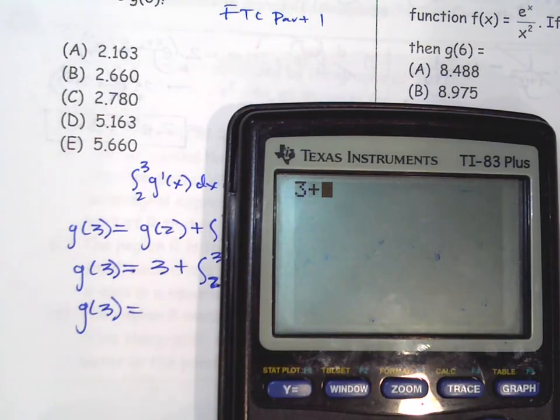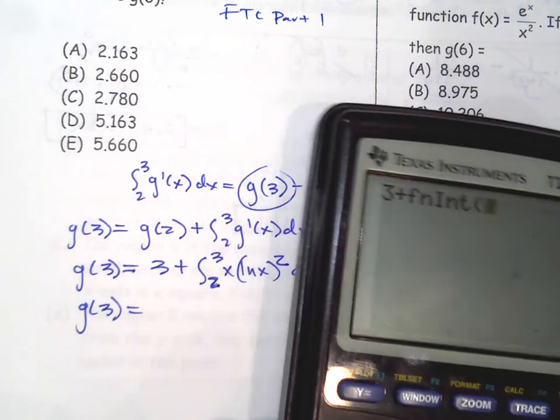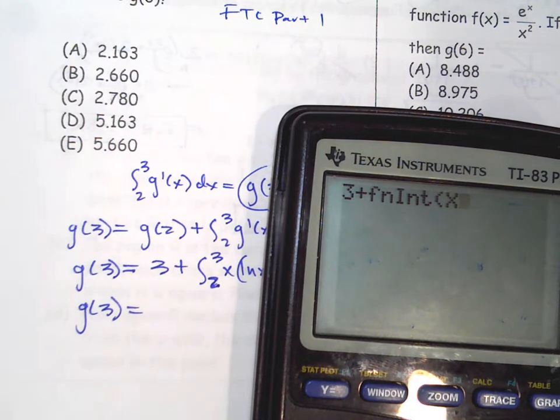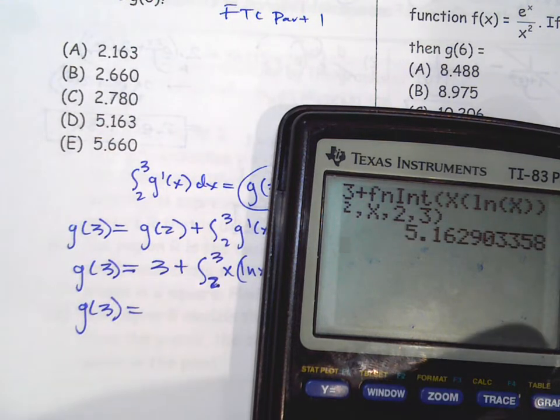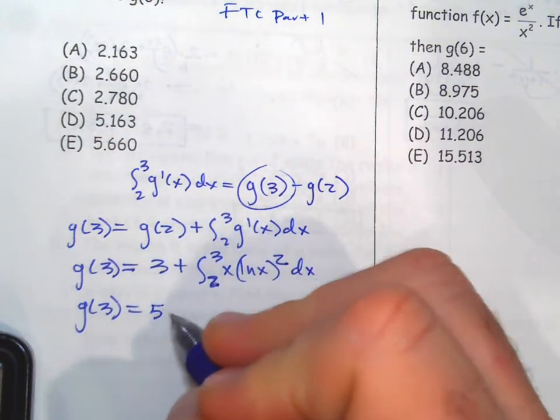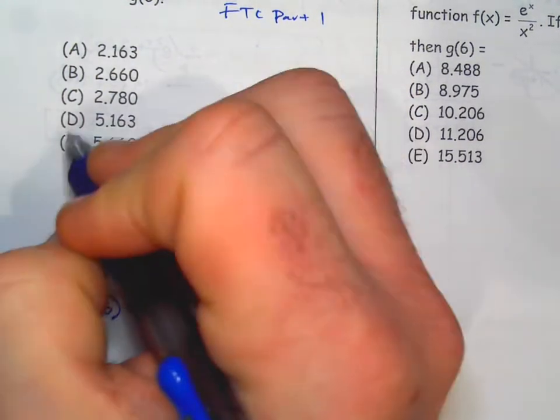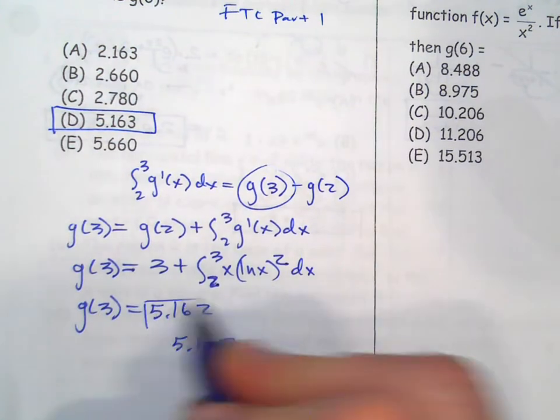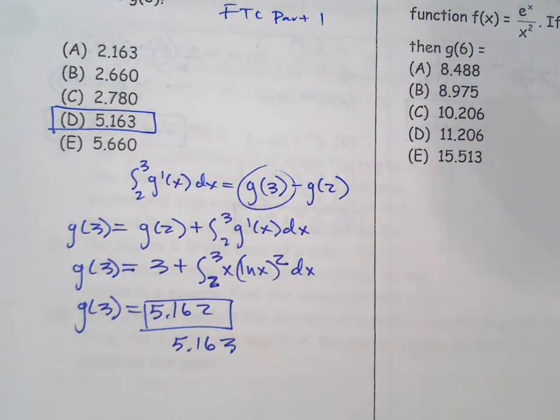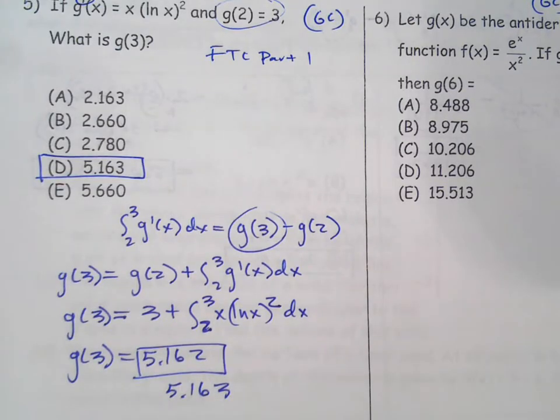So 3 plus math 9, x, parentheses natural log of x close close squared, comma x, comma 2, comma 3, and we get 5.162 or 5.163. So a little fundamental theorem of calculus part 1 with the calculator.